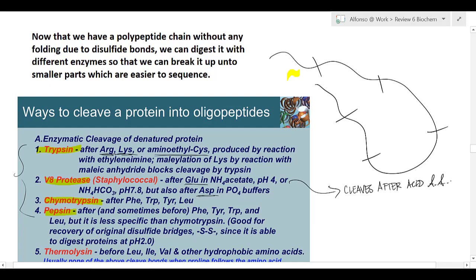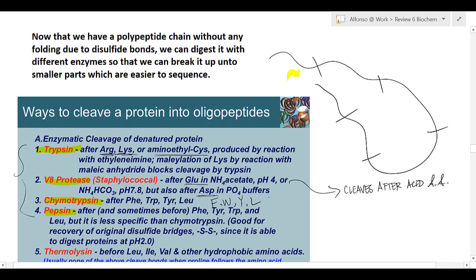What about chymotrypsin? After what type of amino acids does it cleave? Phenylalanine, tryptophan, tyrosine, and leucine.